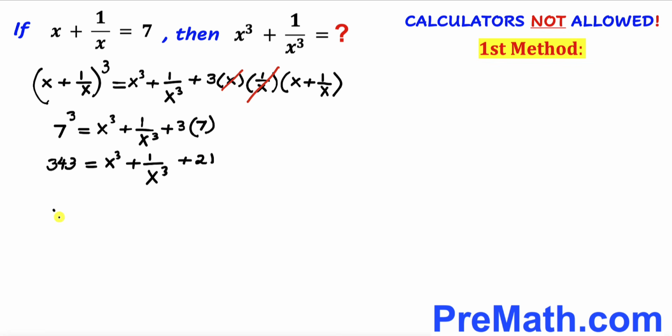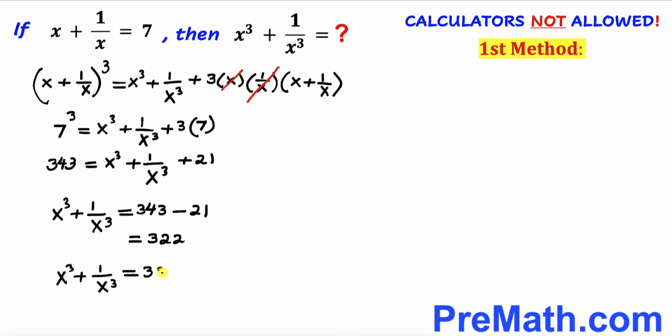So therefore, we end up with x power 3 plus 1 divided by x power 3 equals 343 minus 21. And if we simplify, we get 322. So thus our x power 3 plus 1 divided by x power 3 value simply turns out to be 322 by using the very first method.